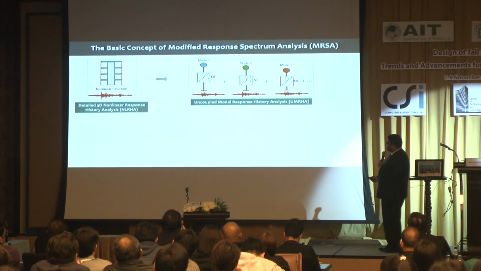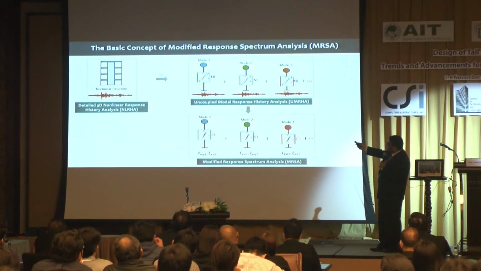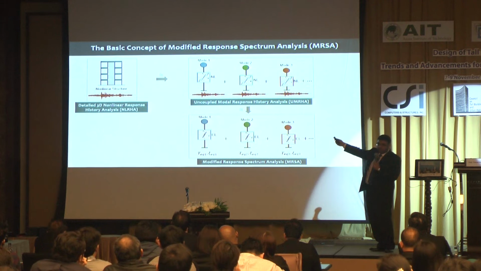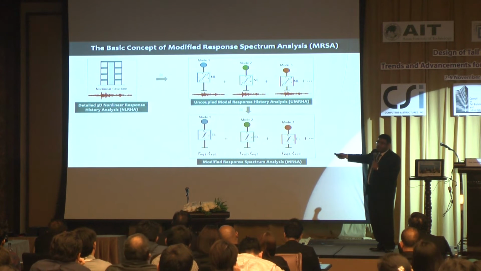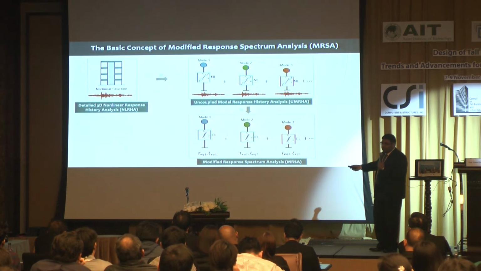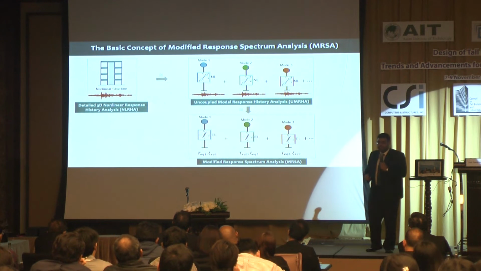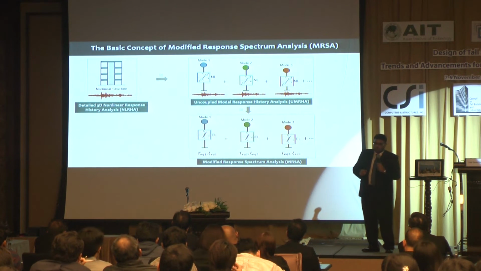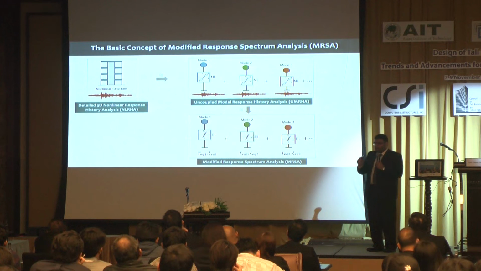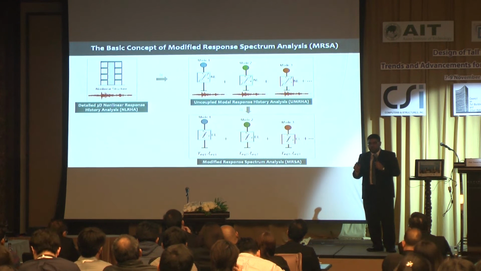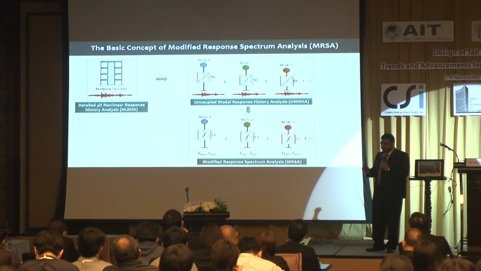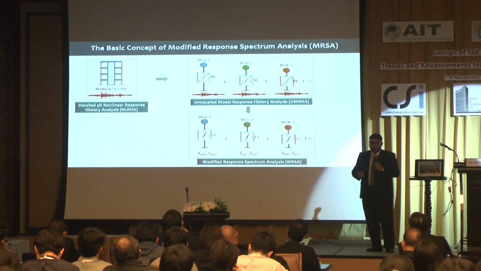Why not we just extend it and convert those nonlinear single degree of freedom systems into their equivalent linear counterparts, and we invoke another beautiful idea which is called equivalent linearization, and it is based on the assumption that a modified linear elastic structure can somehow represent a nonlinear structure.